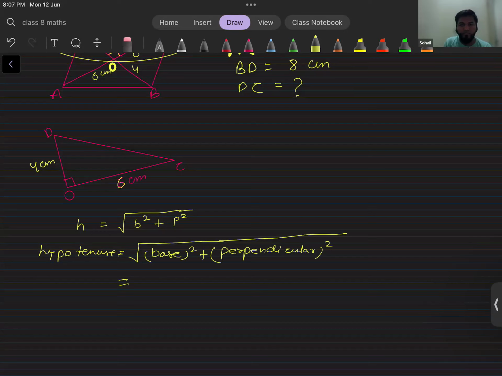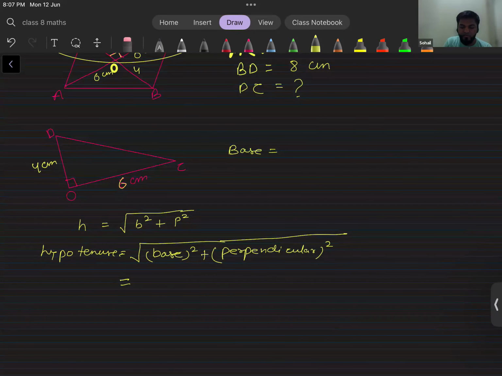Yes, sir, I am solving it. What is the value of base given in this question? That is 6 centimeters.